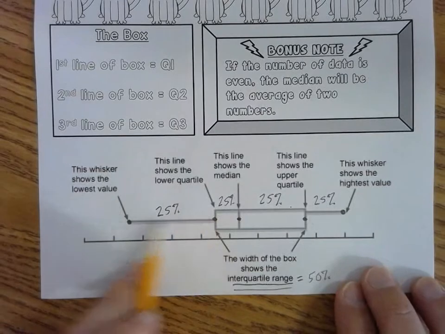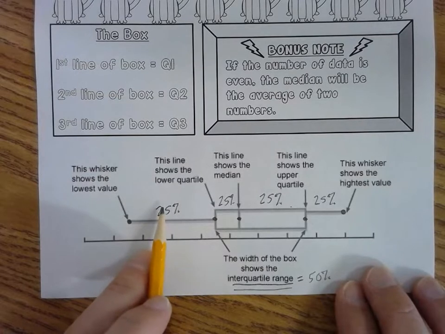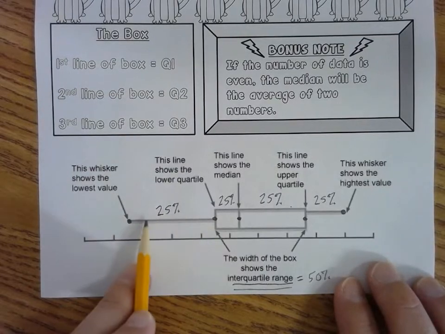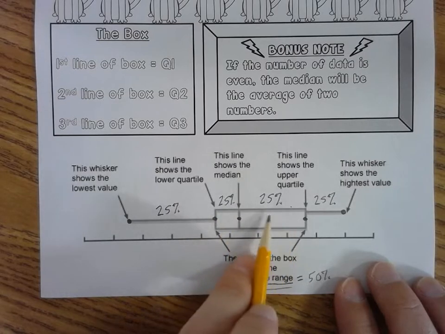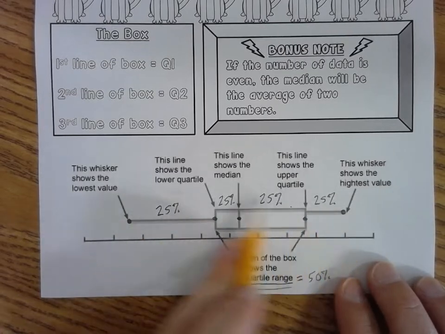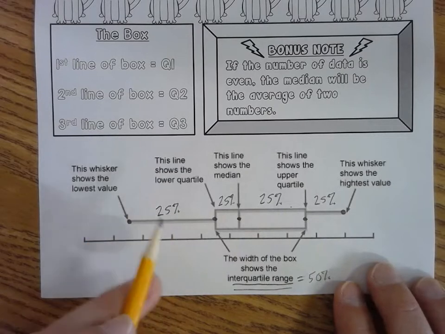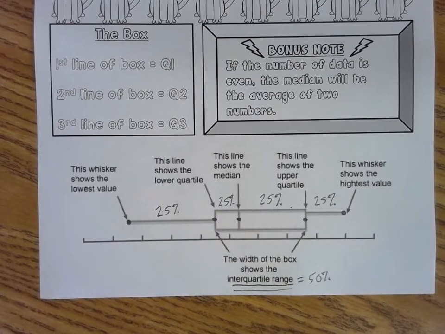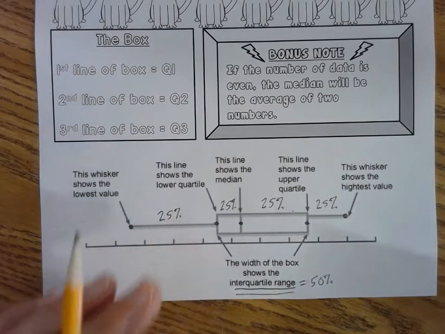Between each dot is 25% of your data. So it's a way to look at your data and see what it would look like if you displayed it visually.